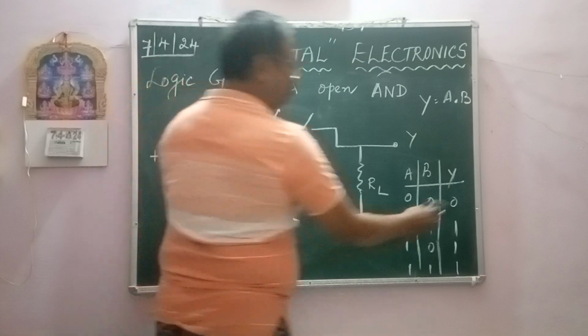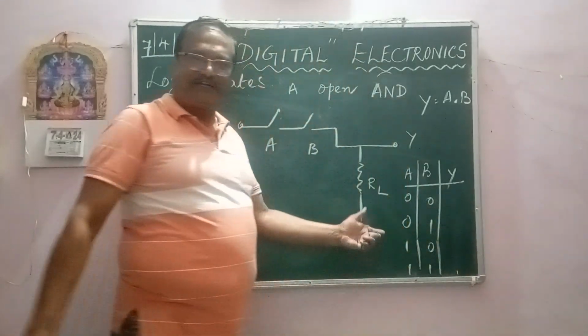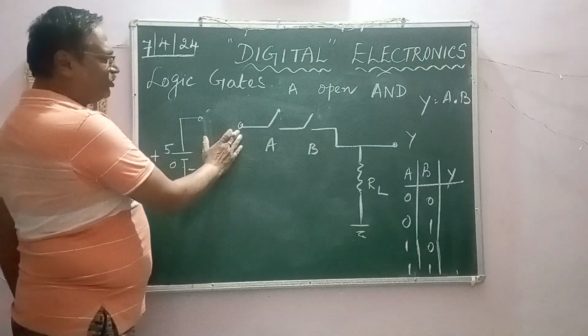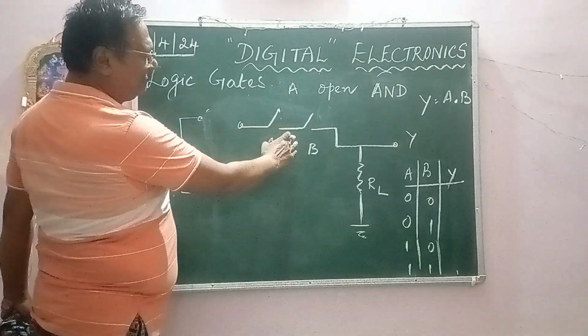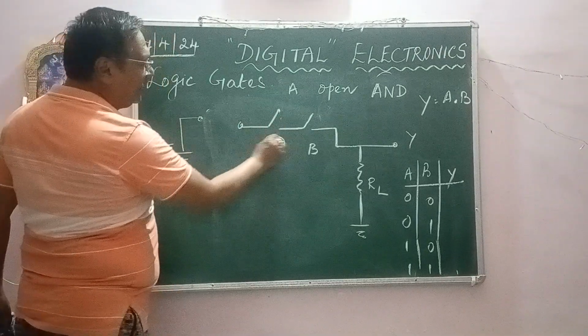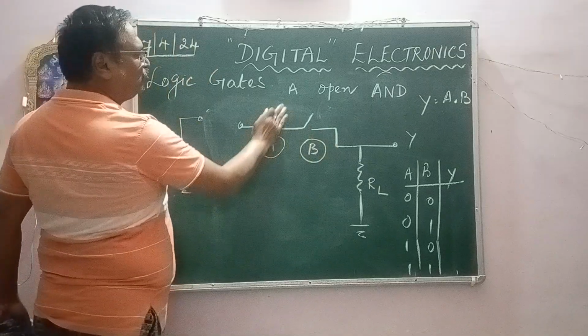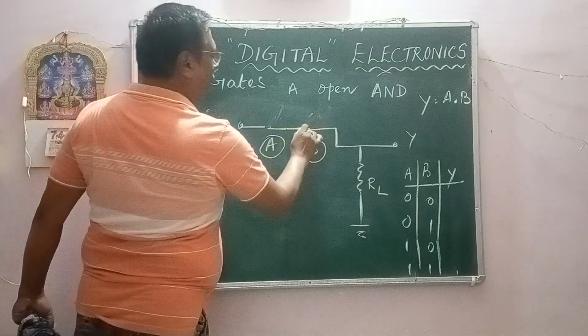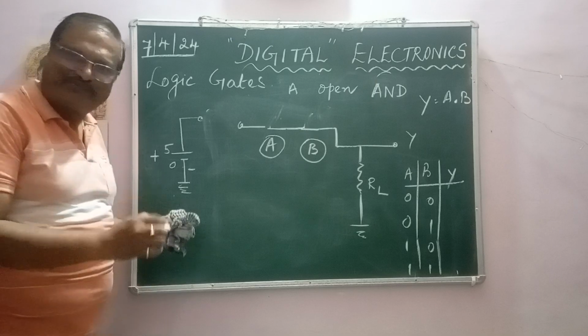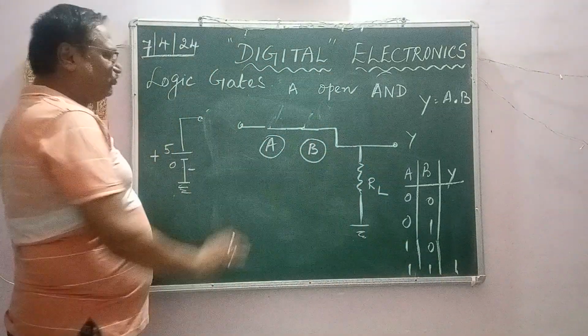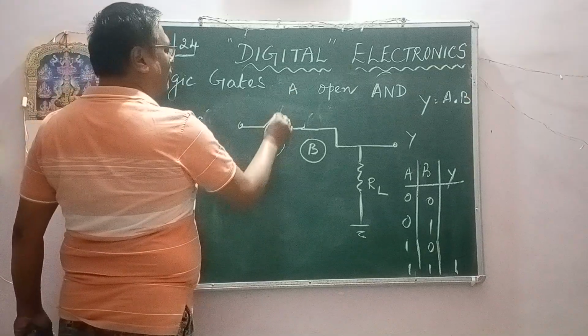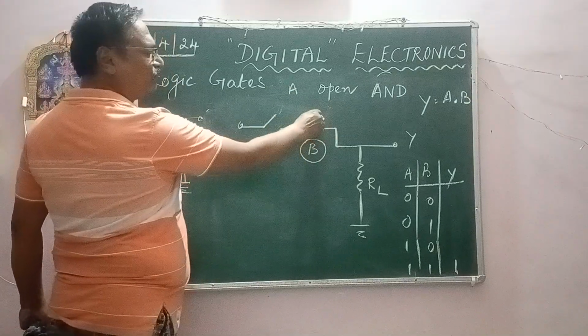Now what about the truth table? Input possibilities are the same. Both A and B should be closed, then only will there be an output. If A is open, no current will flow through.